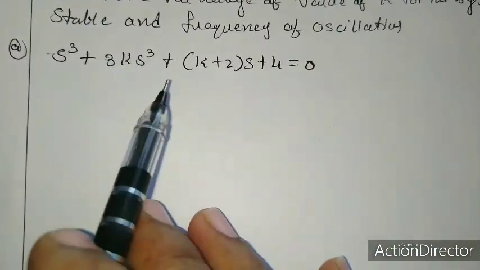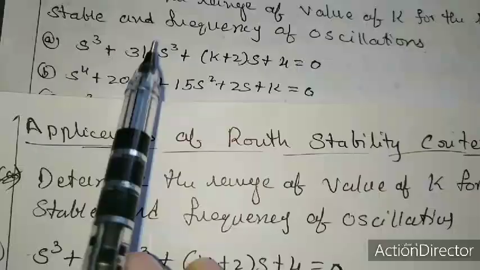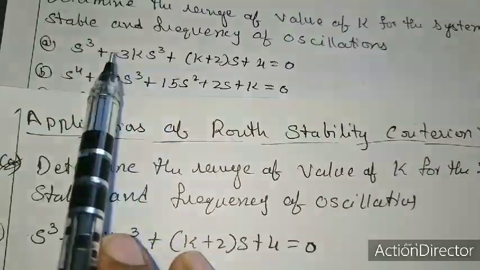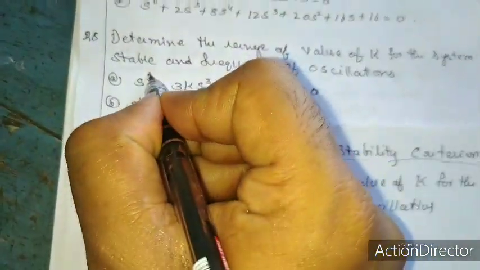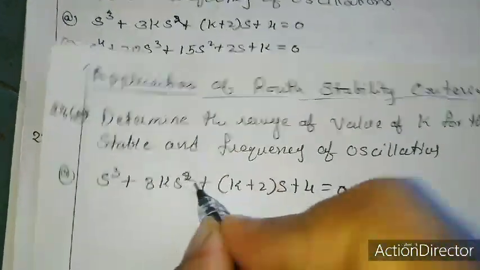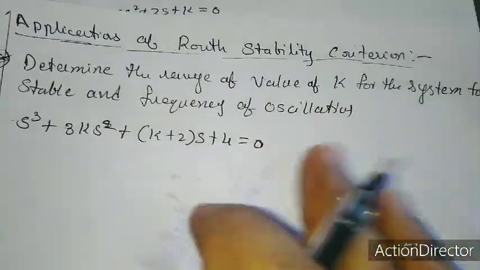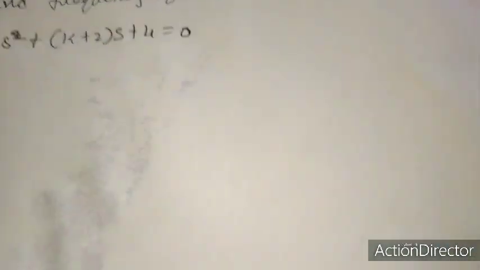The first problem is s power 4, sorry, s cube plus 3k s square plus k plus 2 s plus 4 equal to 0. So we'll solve this.